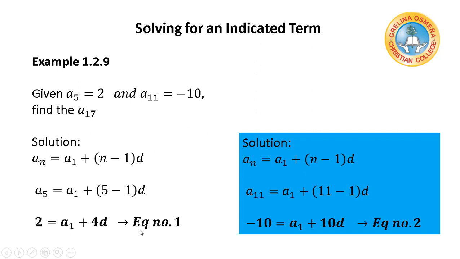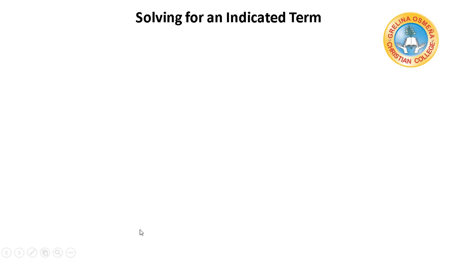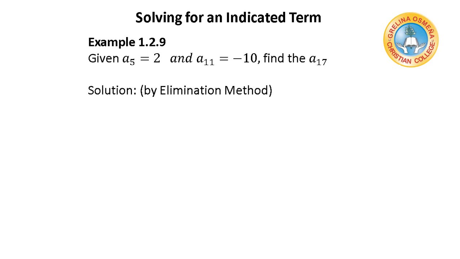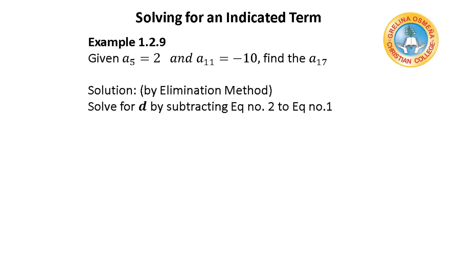Using these two equations, we can use the elimination method for two linear equations. So we have 2 equals a sub 1 plus 4d. This is the first equation. And then the second equation, negative 10 equals a sub 1 plus 10d.